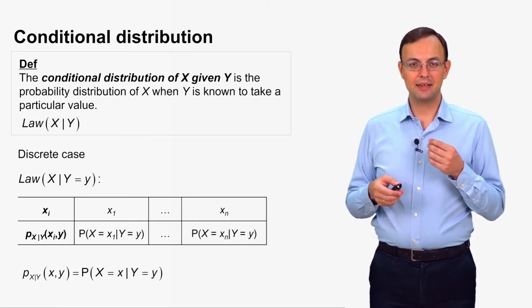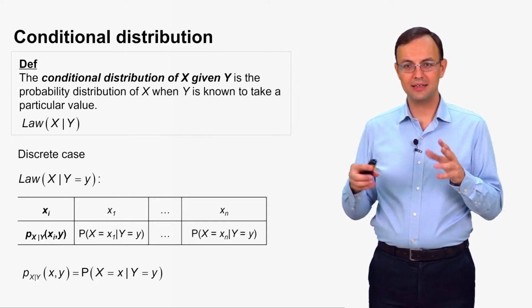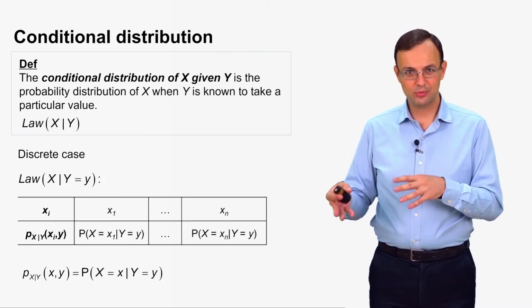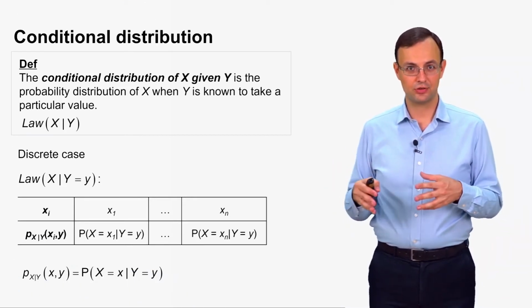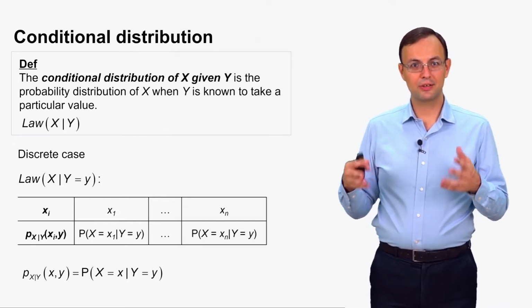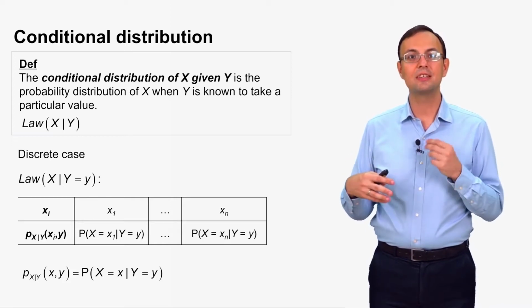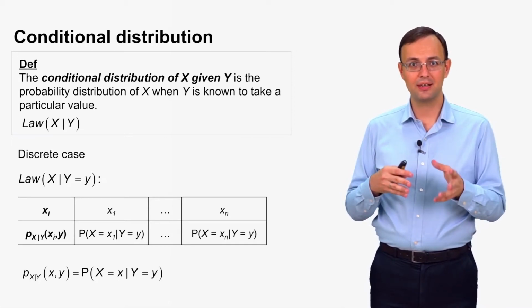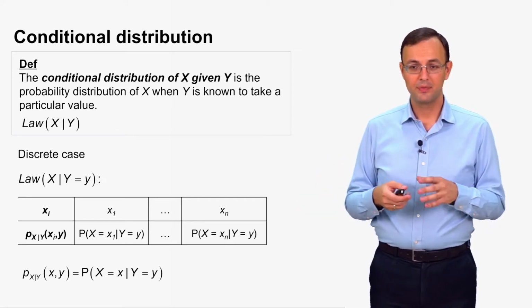And this is a function of two arguments, and for each pair of arguments, small x and small y, it is equal to a conditional probability that x is equal to small x, given that y has already taken the value equal to the small y.